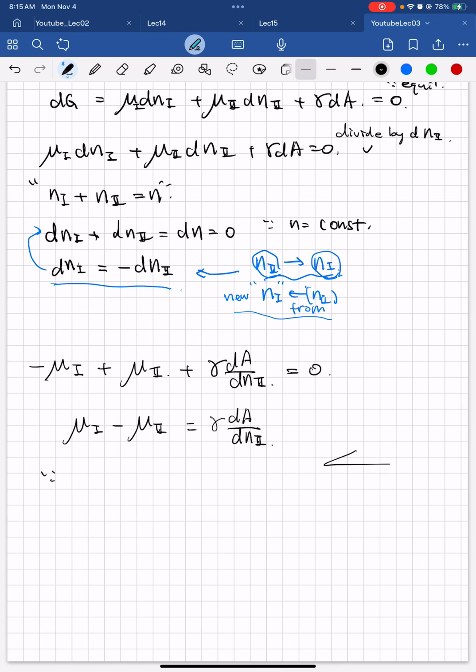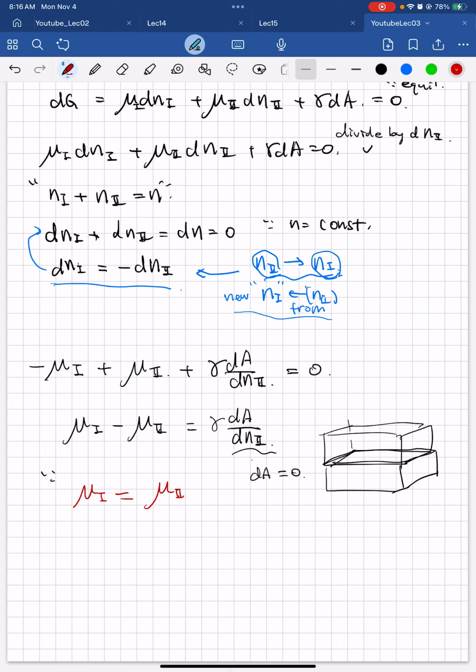Then, because it is a flat surface, right? So no matter how dn2 changes, this amount of area is going to stay constant, meaning dA equals to 0. So whenever something stays constant, you can note that the derivative of it will become 0 because it's constant. So mu 1 equals to mu 2 because this is 0.